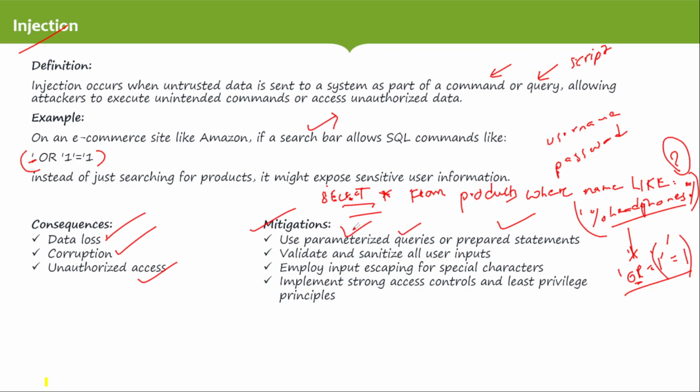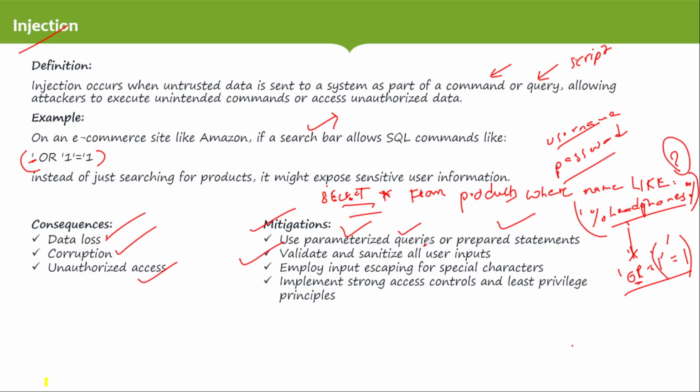Then coming to validating and sanitizing all user inputs. Whatever the user input is, like the search bar, headphones, or username, password, or comment box, whatever the user gives needs to be properly validated and sanitized. We should not trust any user input.